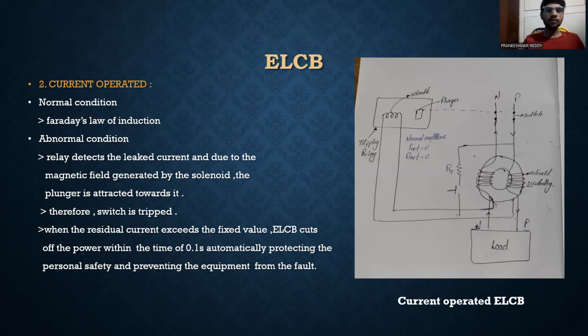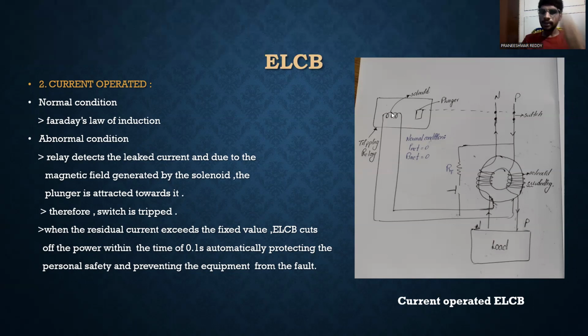And in case of abnormal condition, what actually happens is due to some leakage in the current, the excess amount of current or the leaked current will be sent to the relay. Here you can see the relay in the diagram. So this relay has a solenoid or a coil.